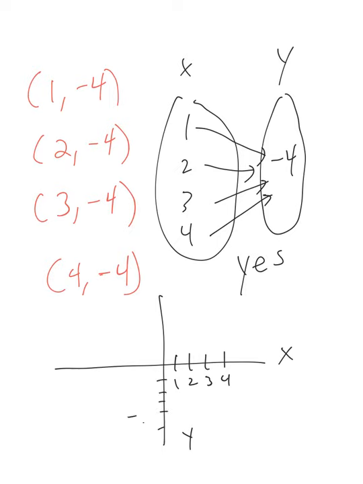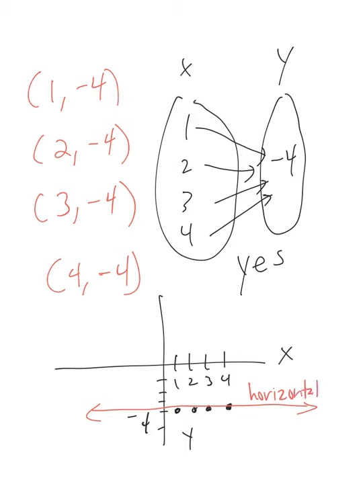So there's -4. 1 goes to -4. 2 goes to -4. 3 goes to -4. What kind of line did I just create? Is it horizontal or is it vertical? This would be a horizontal line.